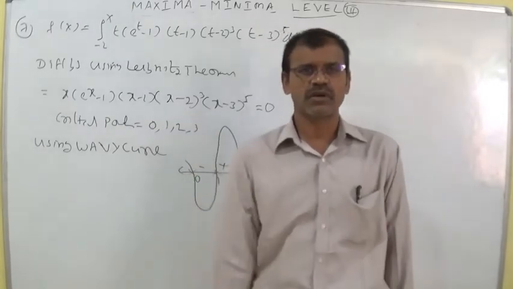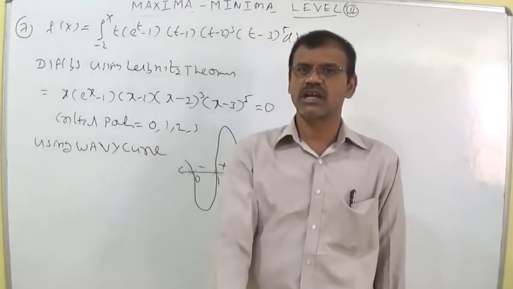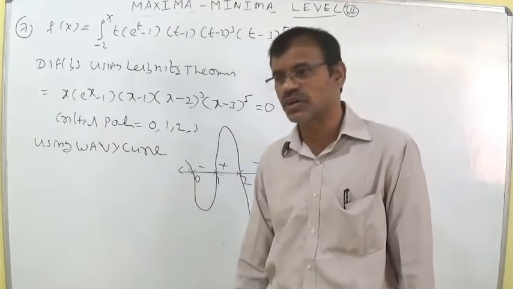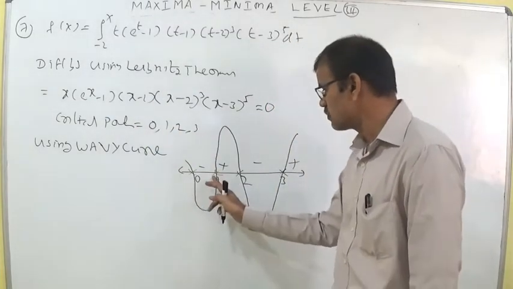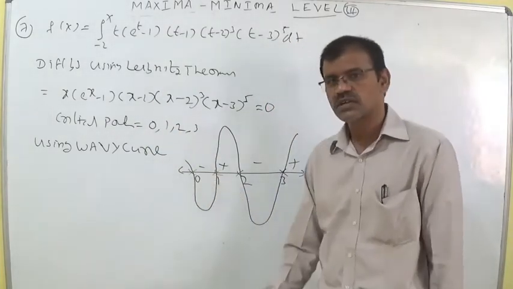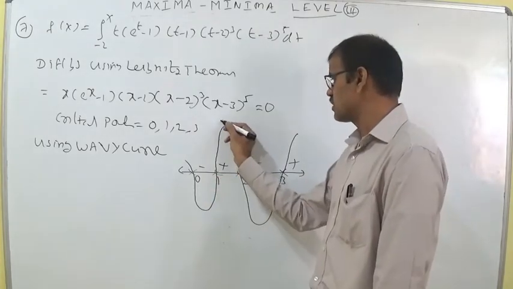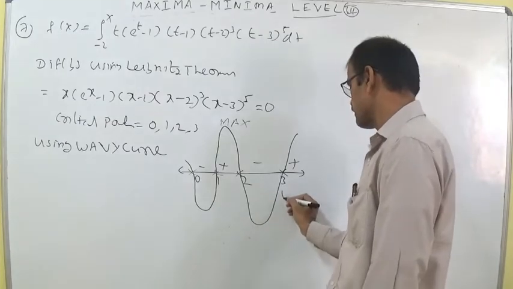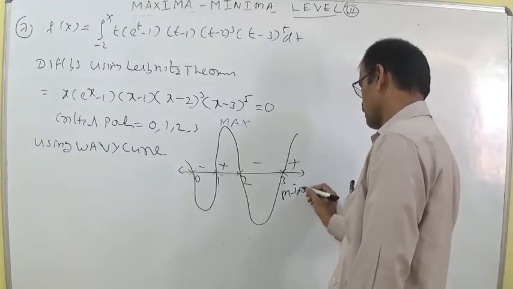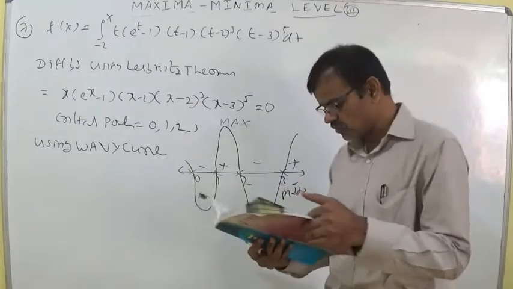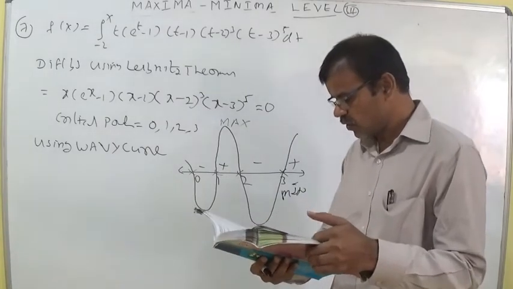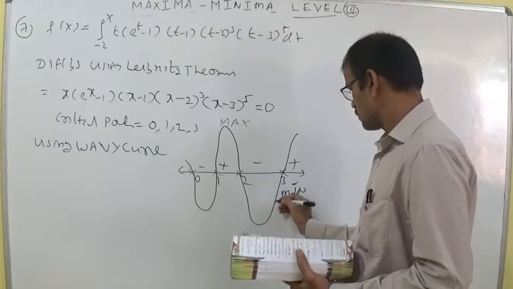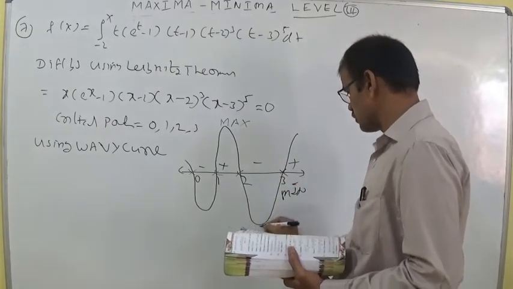Of course we have discussed f''(x). In the same way, using the wavy curve and Leibniz theorem, we can say that the point where the graph turns is max here, and min here, like that. So according to the options given for local minimum, 2 is not a minimum.